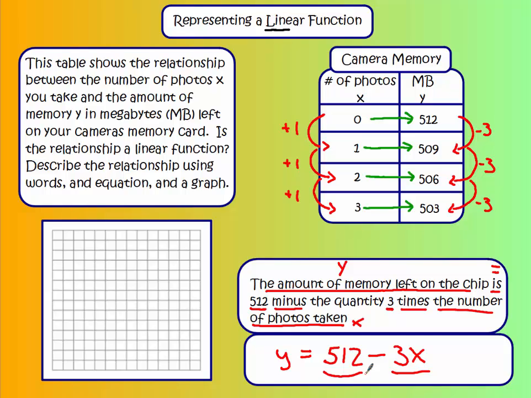Let's try to graph this now. Over here on my graph, going down this side would be my y-axis. Going this way would be my x-axis. Down here, let's call this 1, 2, 3, 4, 5, and so on. And counting up, I'm going to skip a whole bunch of numbers and go all the way up to, let's start at 500.